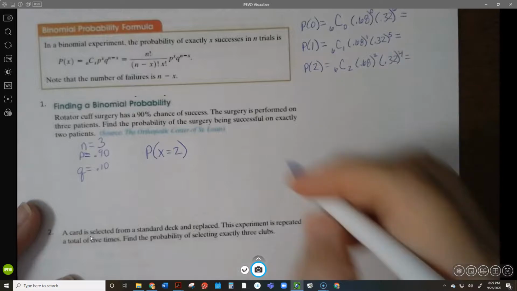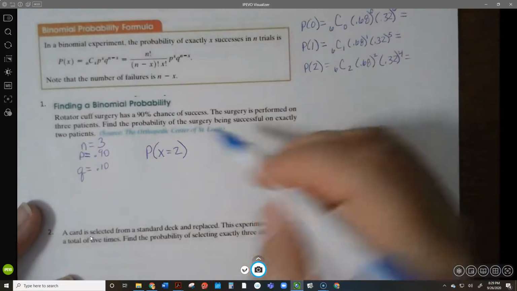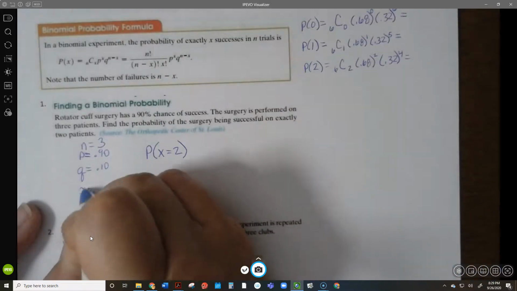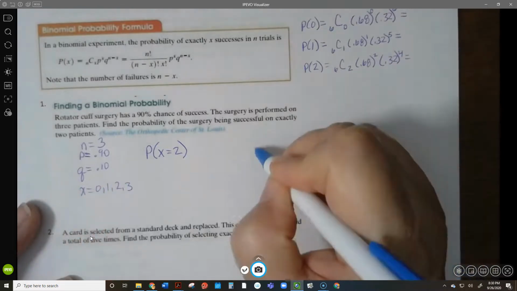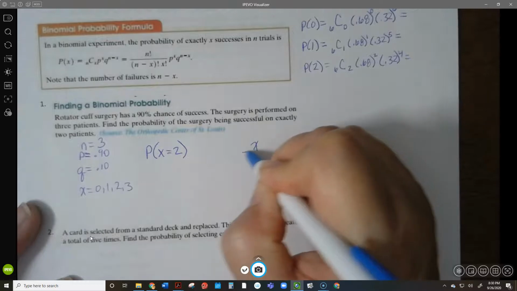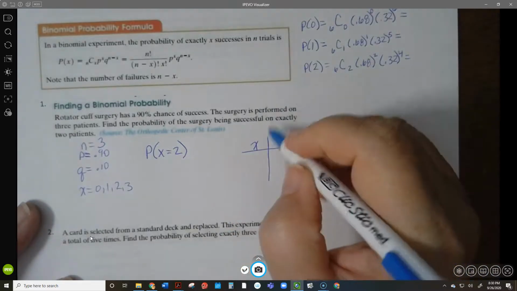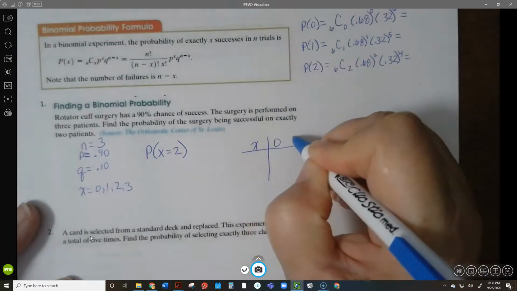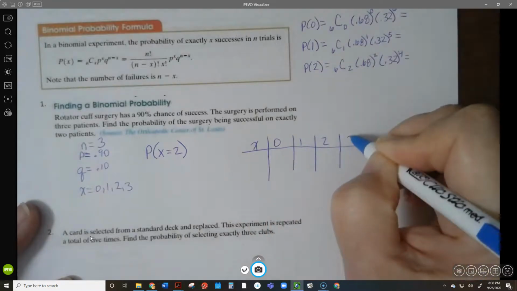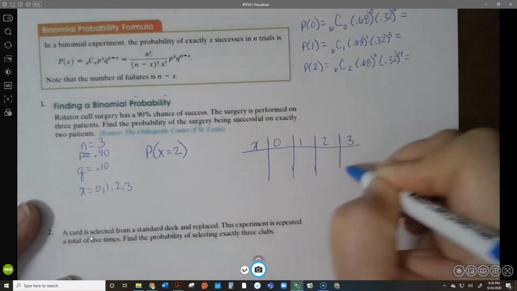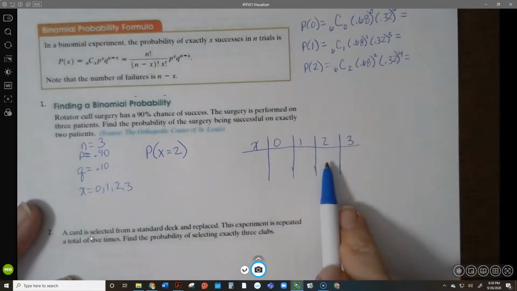So basically, if you wanted to fill out the whole chart, it's pretty short, because our X values here are 0, 1, 2, 3. I made this one a little bit bigger so my numbers would fit. And they're just simply wanting to know what goes right here.